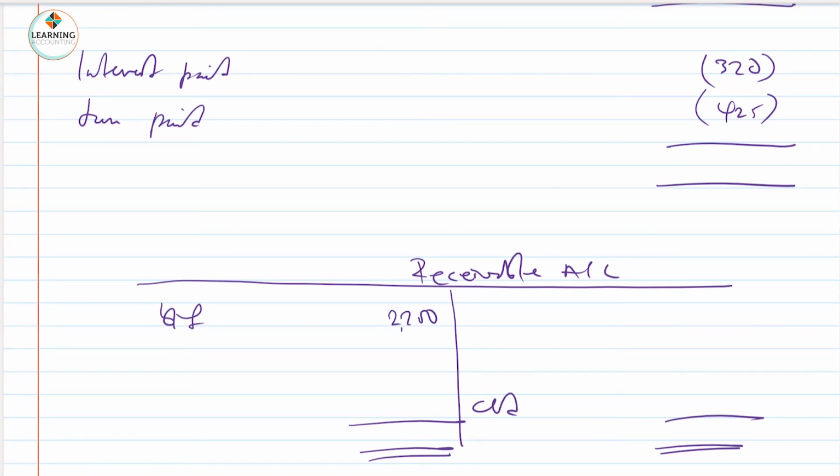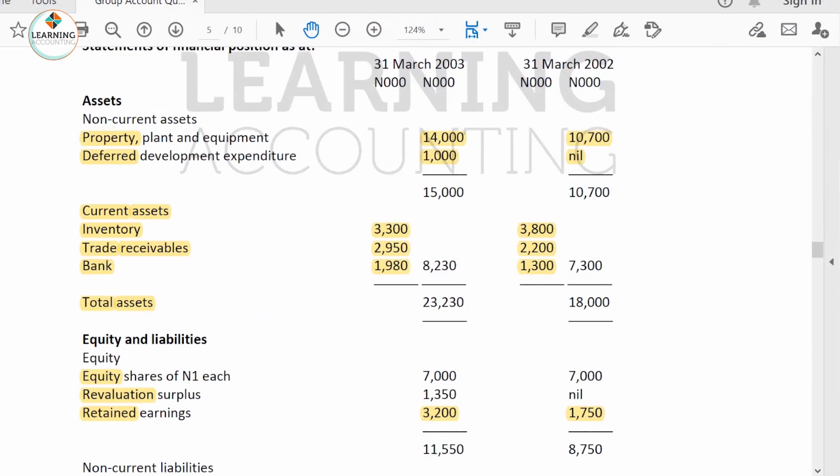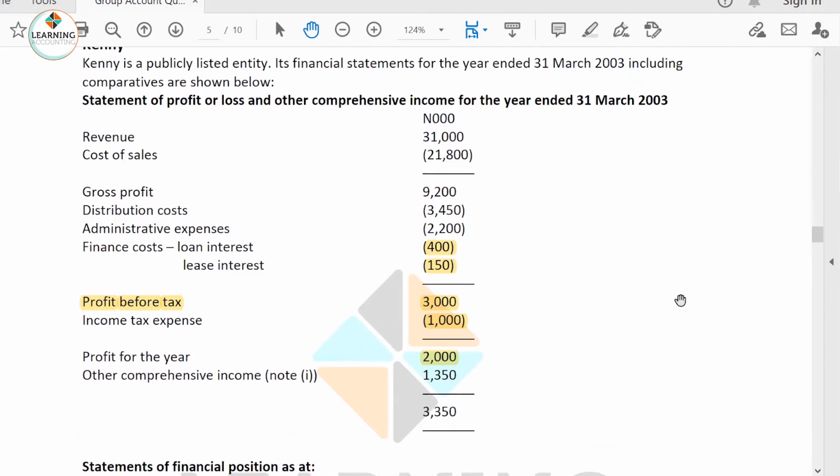Now, profit or loss, revenue is a credit item here, so the corresponding entry goes to the debit side on the receivable account, 31,000.